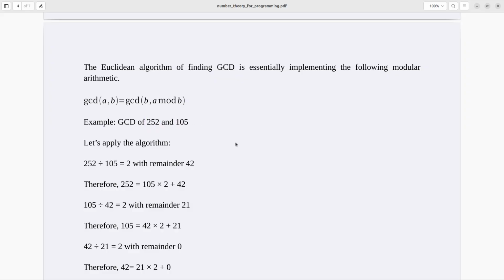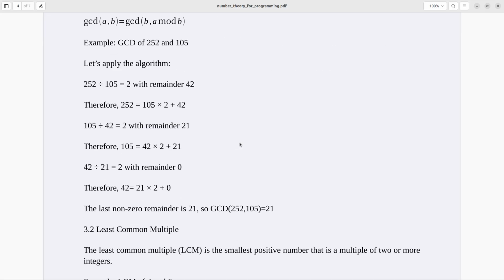I want to find the GCD between these two integers. The process is like that. I want to apply the Euclidean algorithm. I need to do 252 divided by 105 to get 2, and the remainder is 42. Therefore, I can write 252 equals 105 times 2 plus 42.